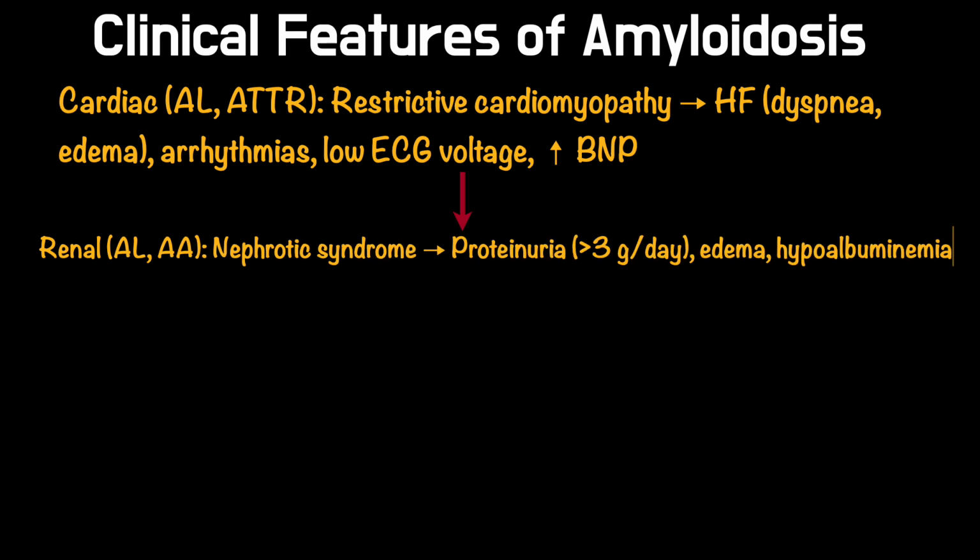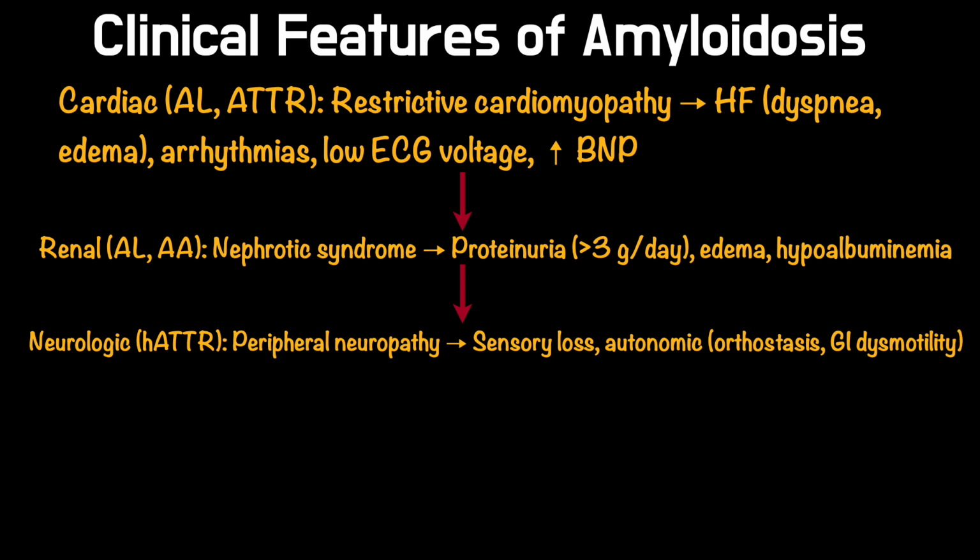In renal manifestation, which happens in AL and AA type, nephrotic syndrome appears, which is greater than 3 grams per day of protein loss, causing edema, hypoalbuminemia, and also hyperlipidemia, right? Another one is neurologic features that happen in hATTR, that is hereditary transthyretin mutation causing peripheral neuropathy, and that will lead to sensory loss, autonomic features like orthostasis, or GI dysmotility, right?